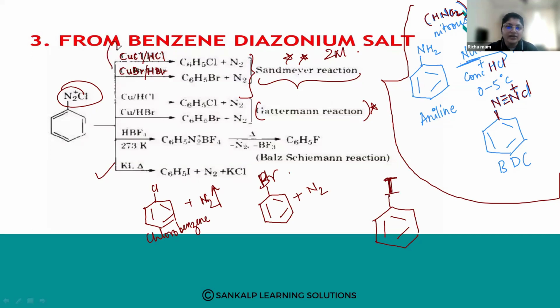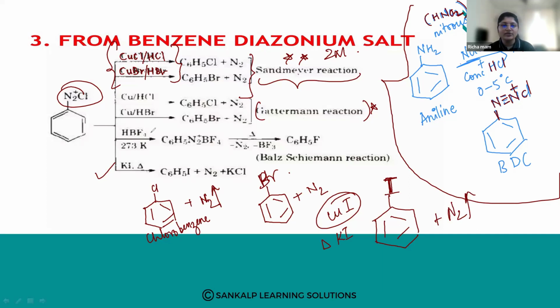So if you heat benzene diazonium chloride with potassium iodide, you will get iodobenzene and N2 gas is liberated.